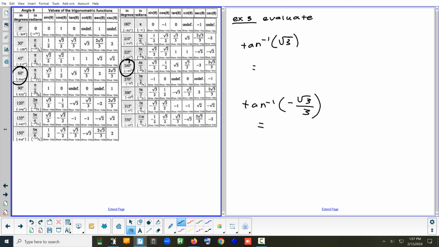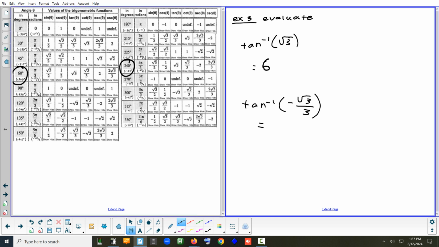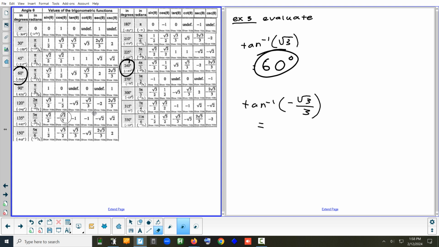Yep. So based on that, if I took the tangent of 60, what would I get? Root 3. So the inverse tangent of root 3 is 60 degrees, and tangent of 60 is root 3. Okay, and how about the last one?